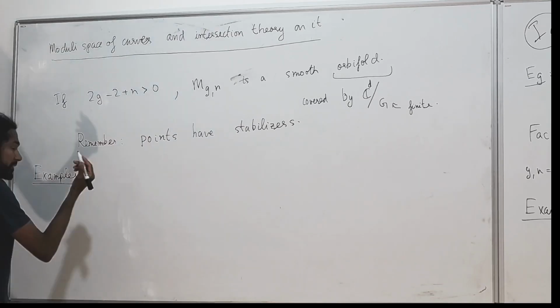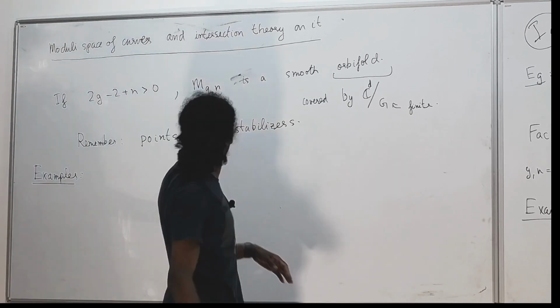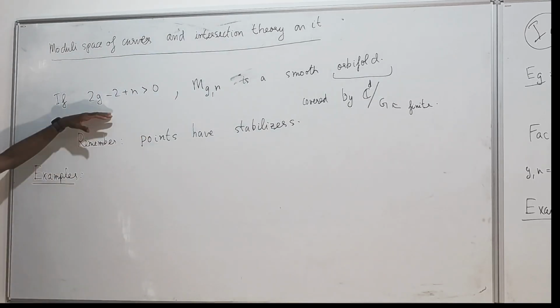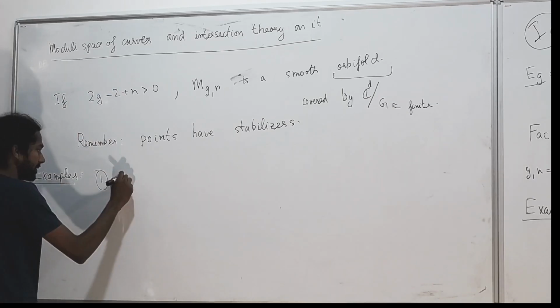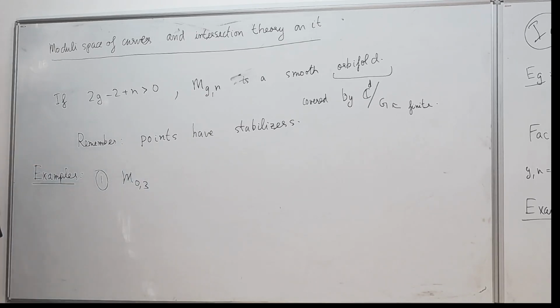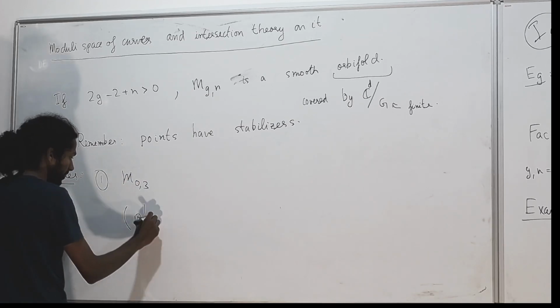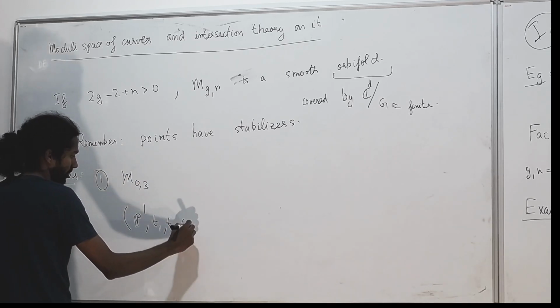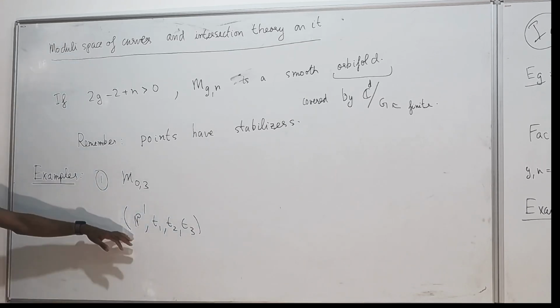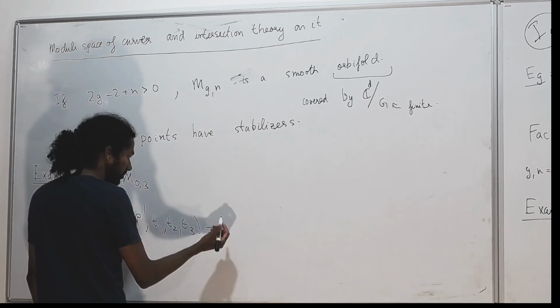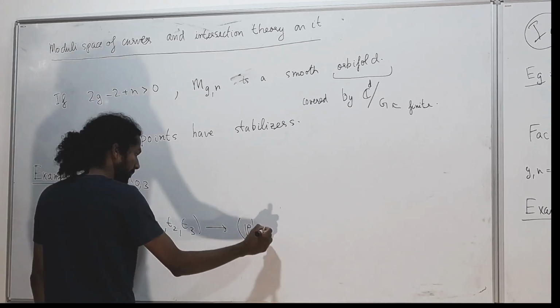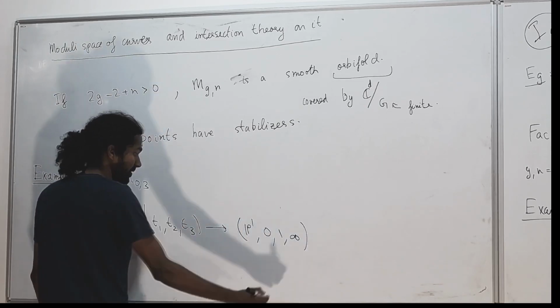Okay, so the first non-trivial one. The complexity is going to increase as you go up in genus and as you go up in the number of marked points. So the first example, M_{0,3}. This is a genus 0 curve with 3 marked points. But I already said you can use all the automorphisms of P1 to take it to P1 with just 3 points that you choose: 0, 1, and infinity.